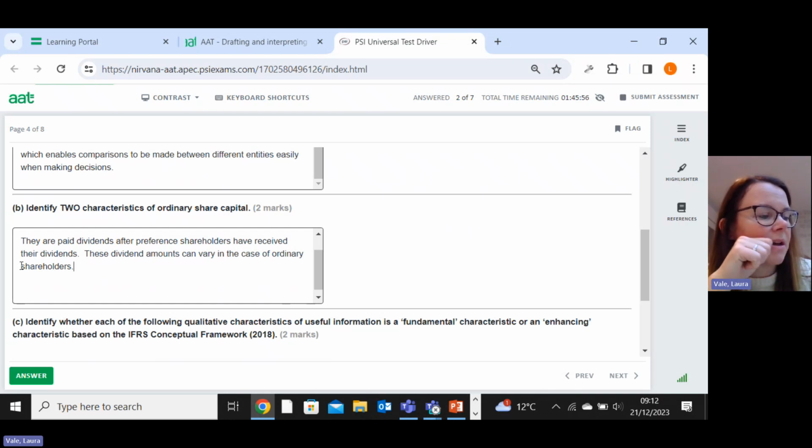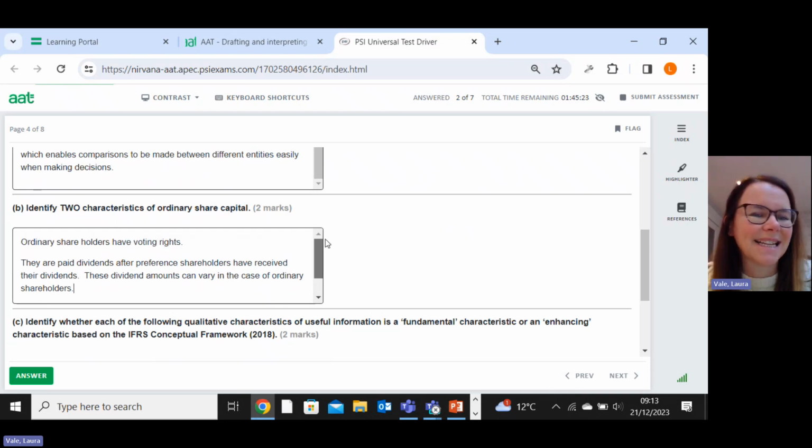Shareholders receive dividends which are a percentage of profit; I didn't exactly say that. Dividends are paid at the company's discretion. Dividends are variable; I've said that, so that would get me a mark. Share capital is only repaid when a company is wound up. Ordinary shareholders are the last to be paid when a company is wound up; I didn't exactly say that either. So I would have got 2 marks. It does also say any other relevant points may be awarded marks.